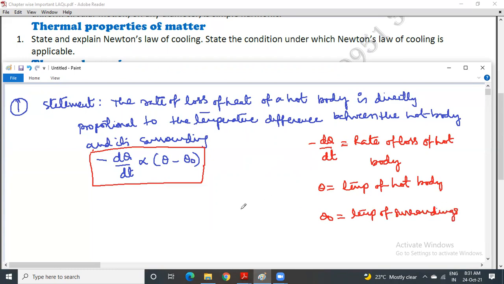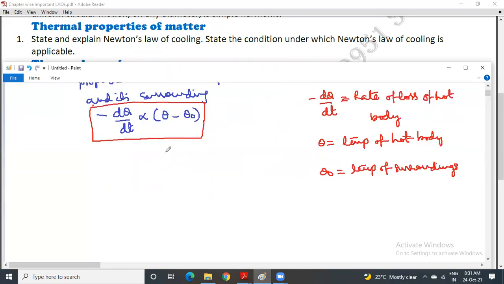Now let us proceed. So this is going to be minus dq by dt is equal to some constant. If you remove proportionality, you will get a constant times theta minus theta naught.